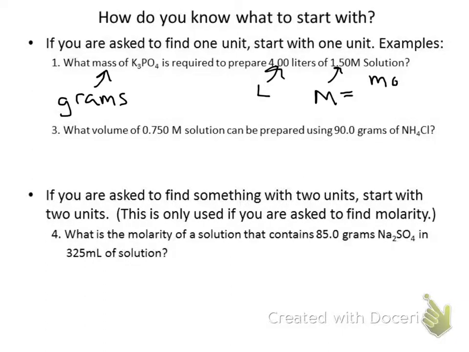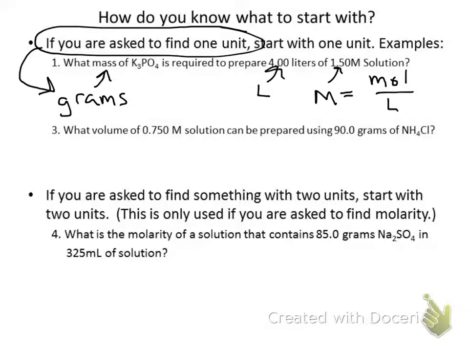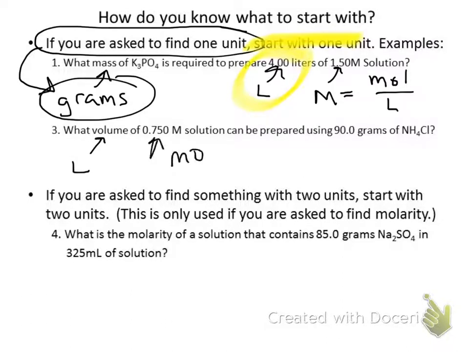Liters is also given, and then it gives you molarity. Now, take a look at what it's asking you to find. If you're asked to find 1 unit, so you're only asked to find grams, then you're going to start with 1 unit. And that's what the second part is. So what you're going to start with is the 4 liters, and then you're going to use the 1.5 molar solution later on in the problem.